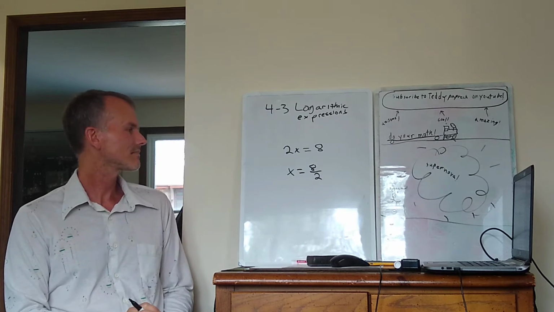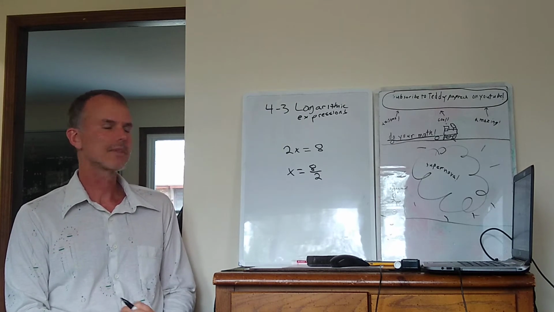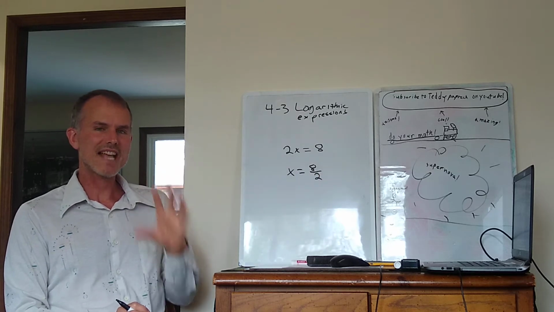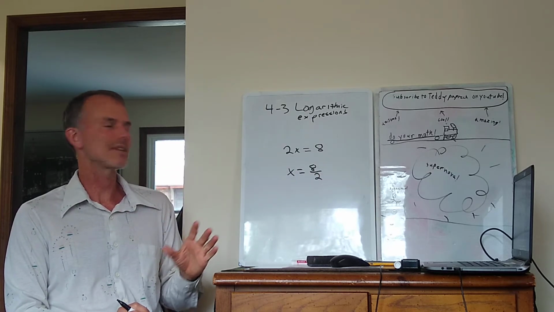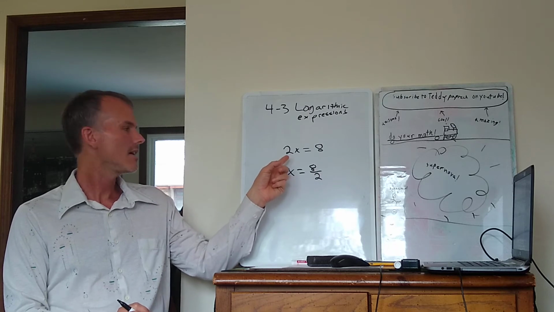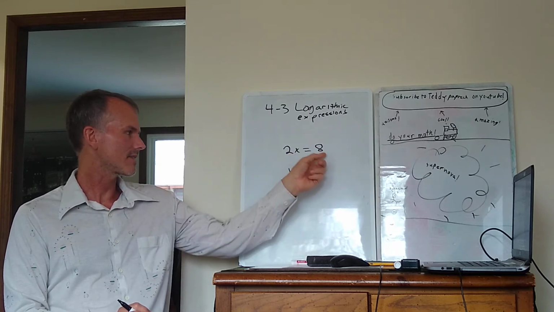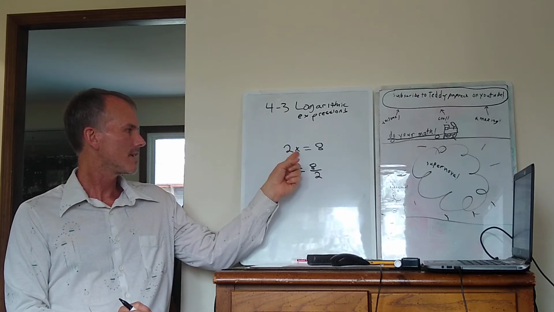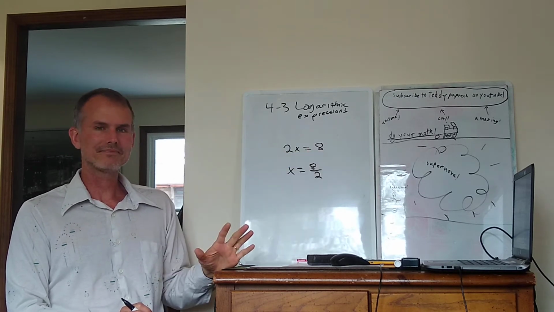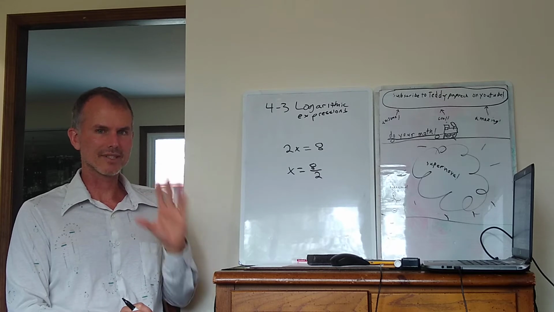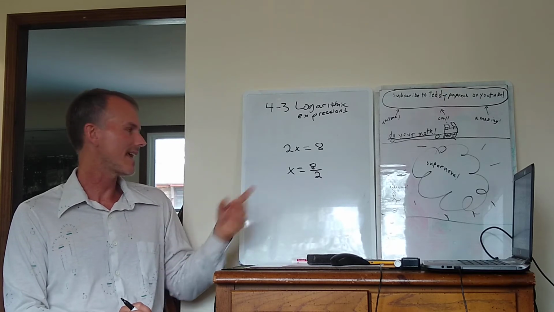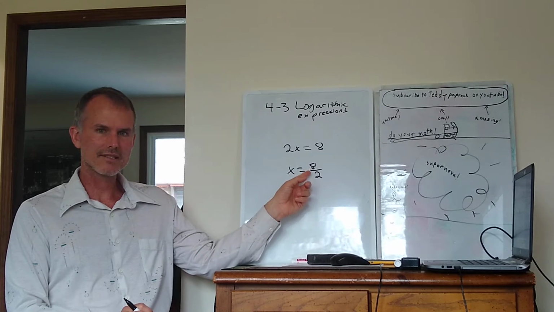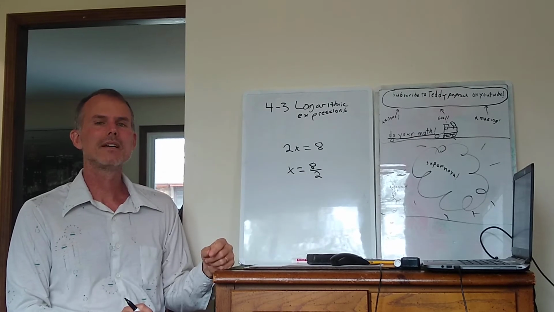Now, I think we can all agree that this equation shows exactly the same relationship between the three symbols here, the 2, the x, and the 8, as this one does. The 2 times the x is equal to the 8. That's exactly the same relationship between 2 and x and 8 as this is. X is equal to the 8 divided by the 2.